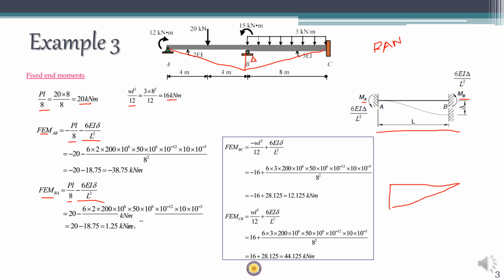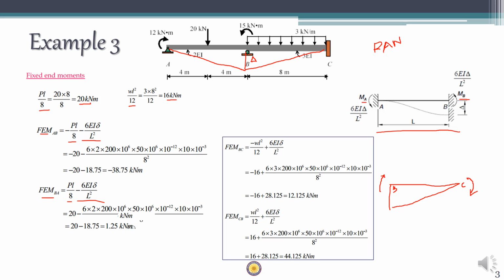Delta is here, this is point B, this is point C. The beam rotates as a whole in the anti-clockwise direction, which means that the fixed moment at B and the fixed moment at C are going to be in the clockwise direction.